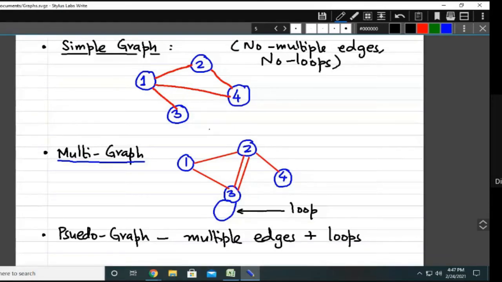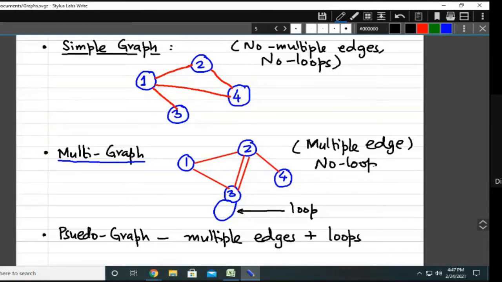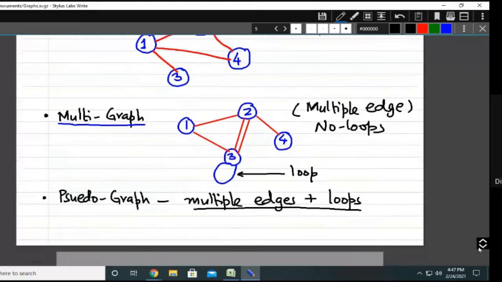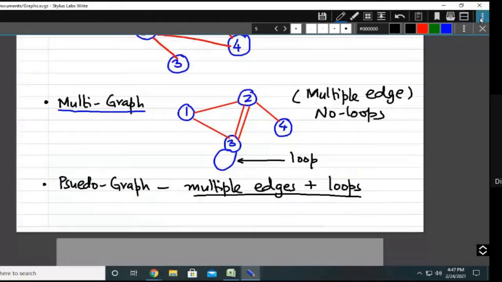Okay. Multigraph, multiple edges, but no loops. Okay. And if you have multiple edges and loops, then it is called a pseudograph.